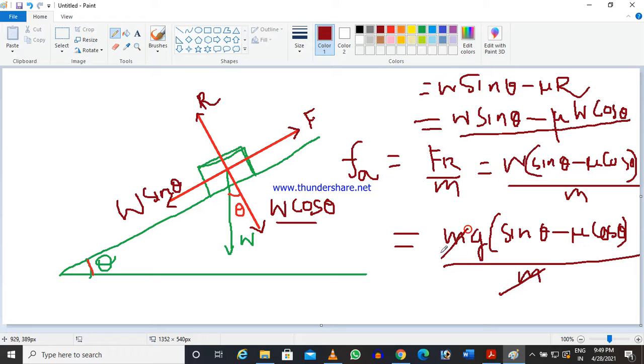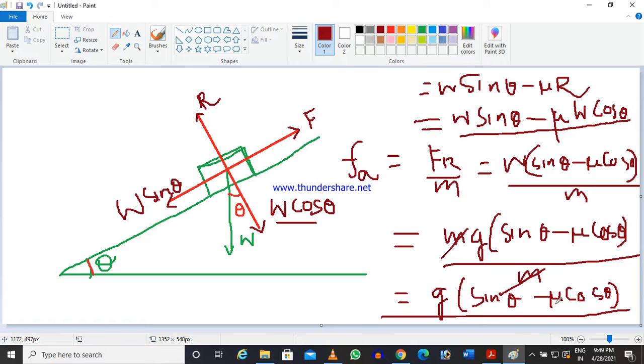The m got cancelled, so the final figure of the acceleration is g into sin theta minus mu cos theta. This is a very important equation which will be used in so many problem solving in dynamics.